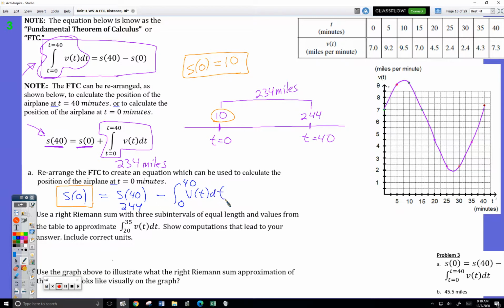You're just going backwards. You're saying, at time 40, I know the plane ended up at location 244. The displacement for the period was 234 miles, so I've got to take away that displacement. Now I'll know where the plane was, which was location 10. You're just doing it backwards.